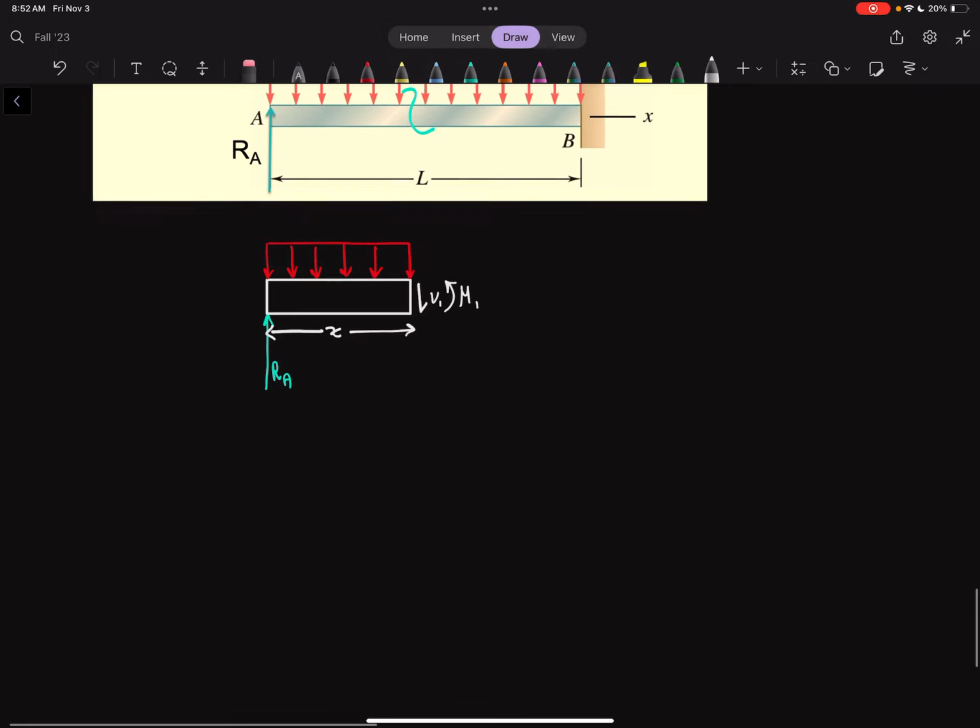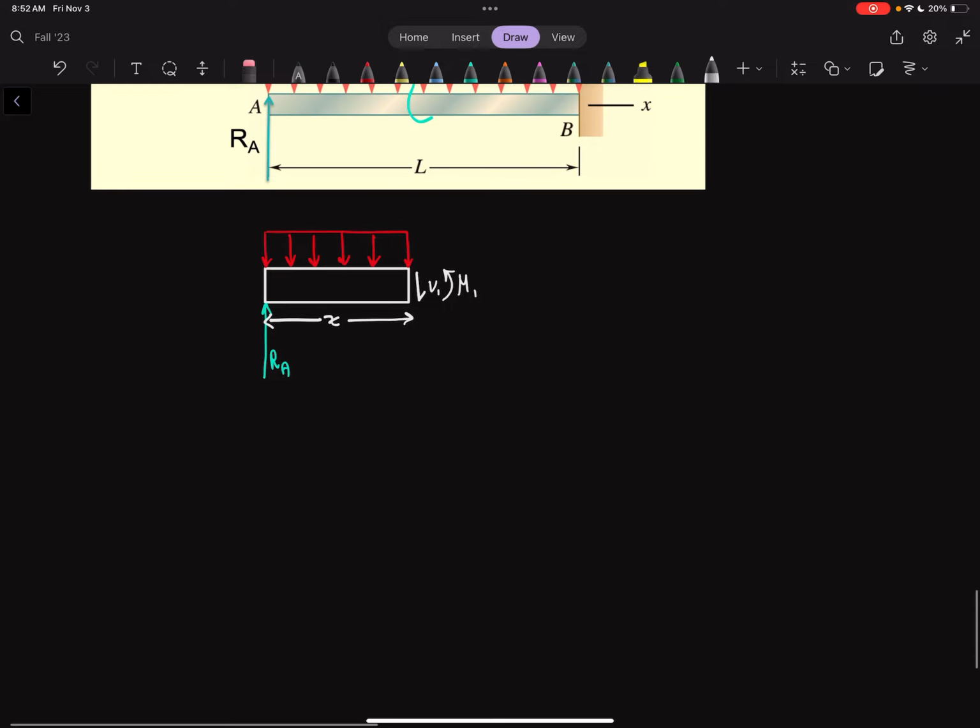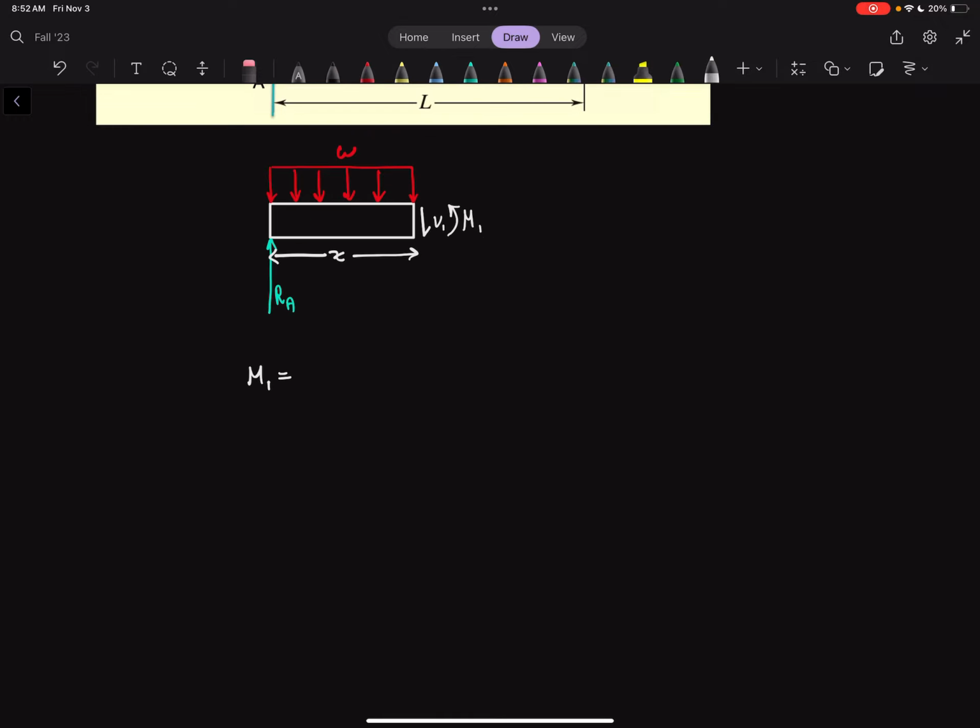Now, we don't really care about the V1, so let's just go with the M1. So M1 is going to be what? Well, we have the reaction at A that makes the beam smile. So that's going to be RA times X, because it's at a distance X. And then we have the W that doesn't make us smile, so that's negative.